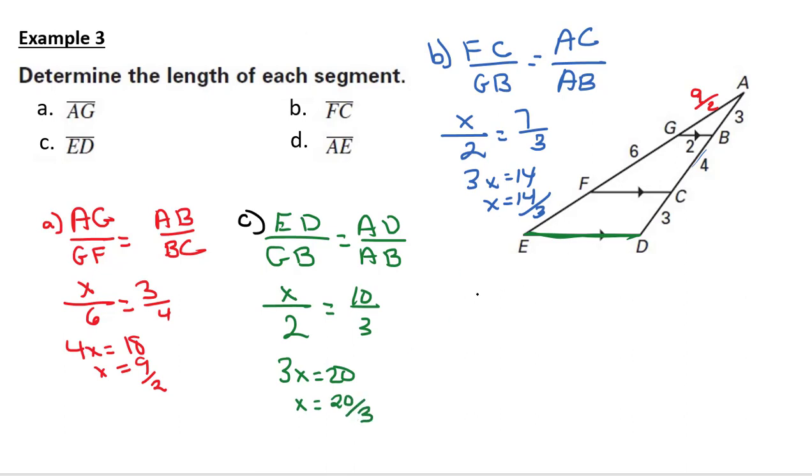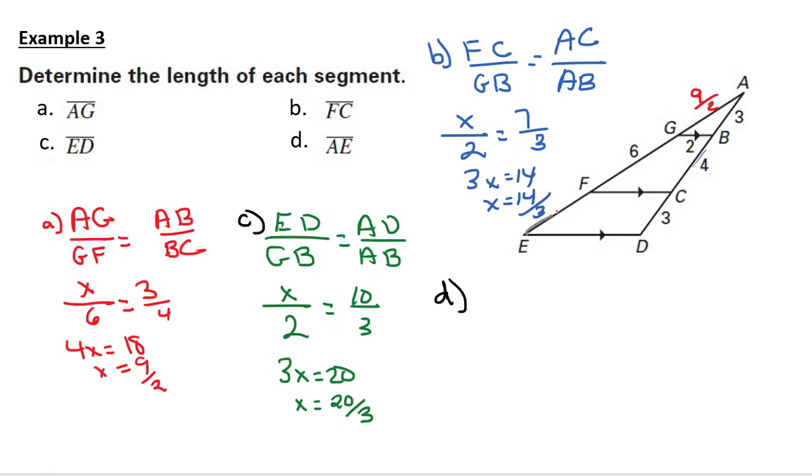And then lastly, part D. I did have room for everything. AE. Wish I had one more color. I'll use this gray. AE, where's AE?